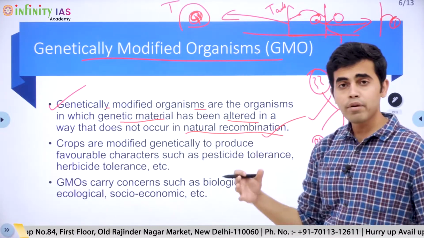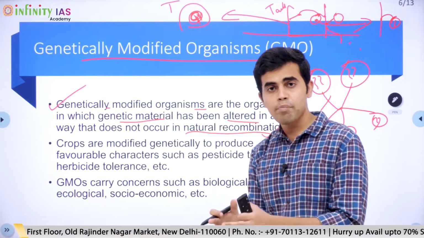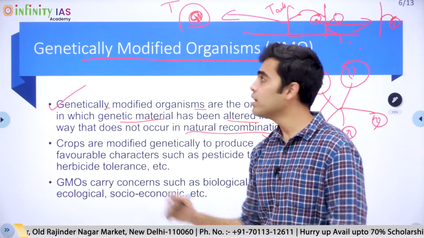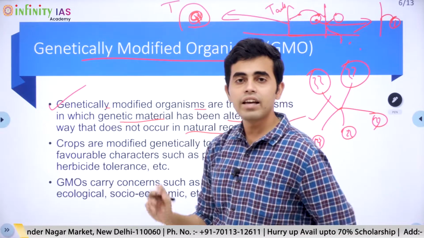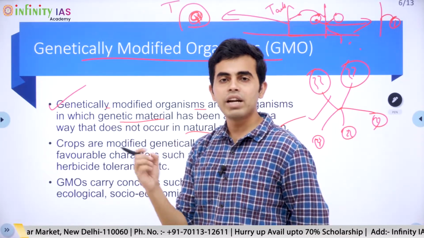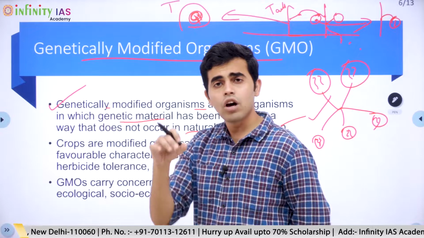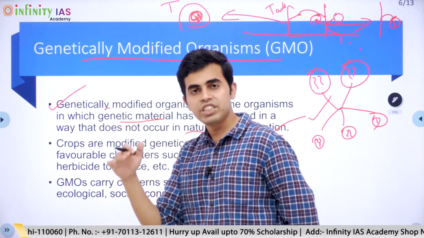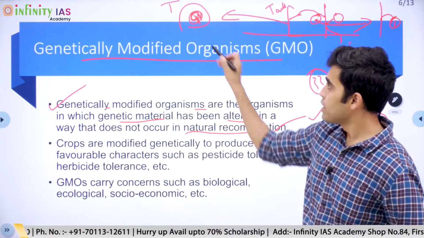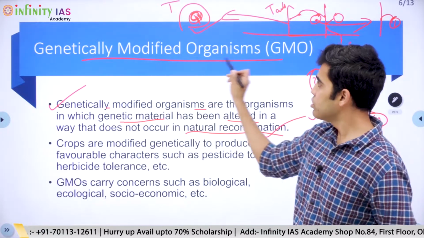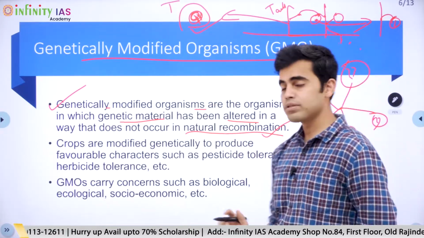So to get the favorable characteristics in one single plant or one single variety, we do this artificially, where we alter the genetic material by putting in new genes or taking off some genes. This is why we make genetically modified organisms.